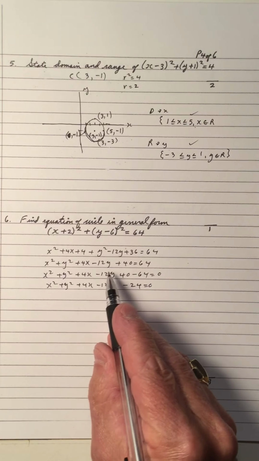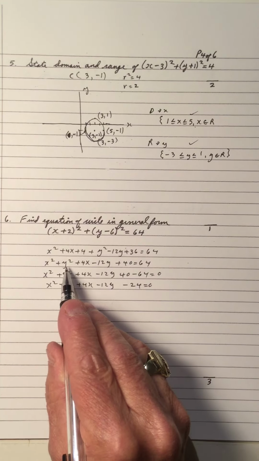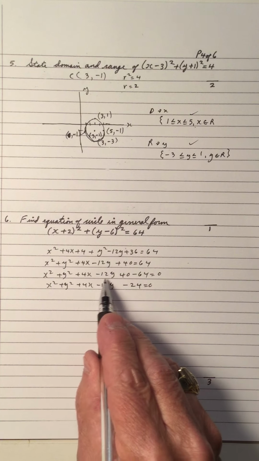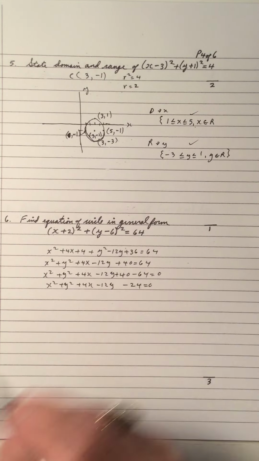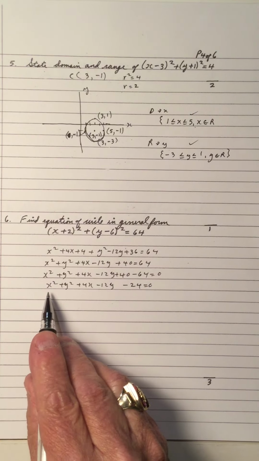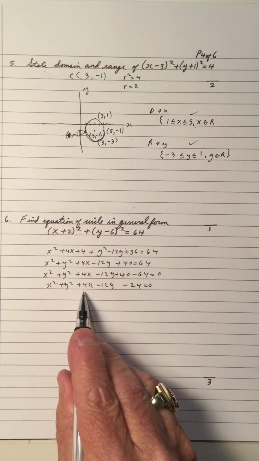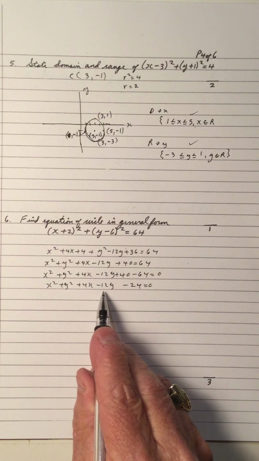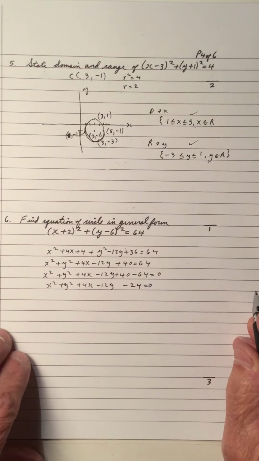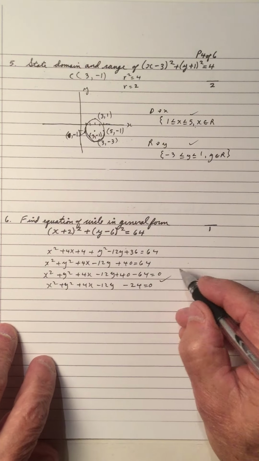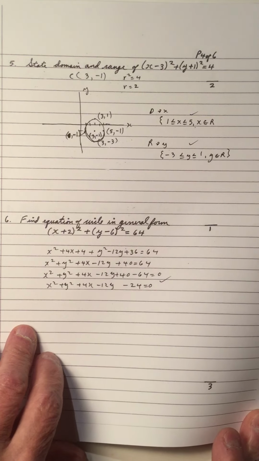So I group the y's, group x squared, y squared, x and y, and that's a plus 40, bring 64, was negative, so it works out to be x squared plus y squared plus 4x minus 12y, subtract 24 equals 0. And there's 1 mark for this equation when you expand it all out.